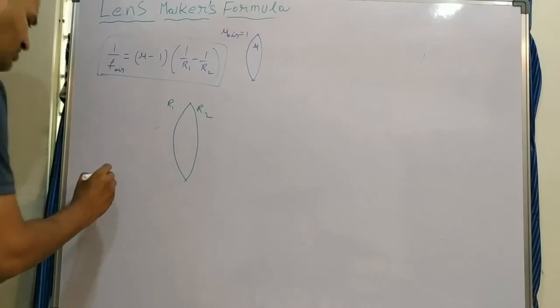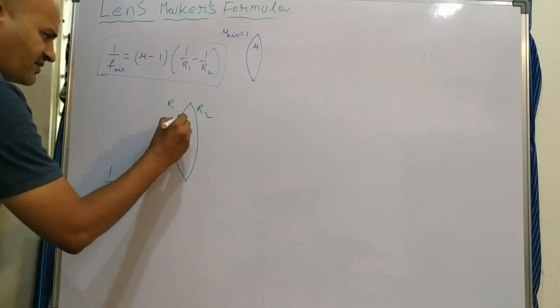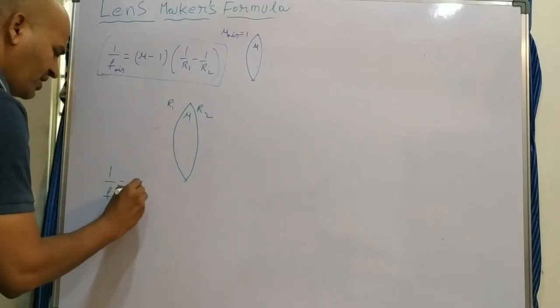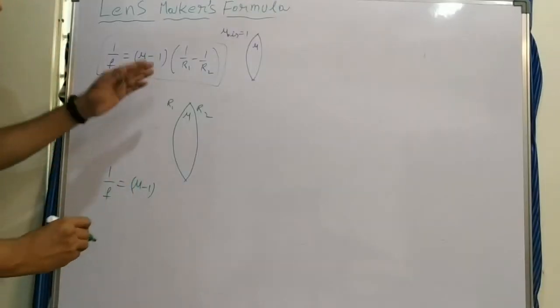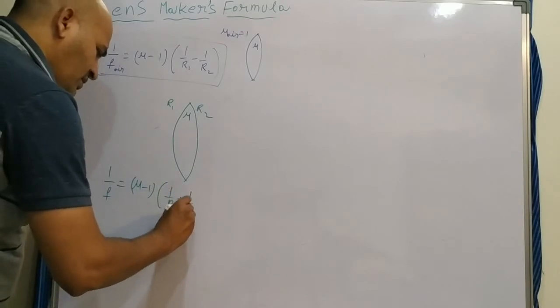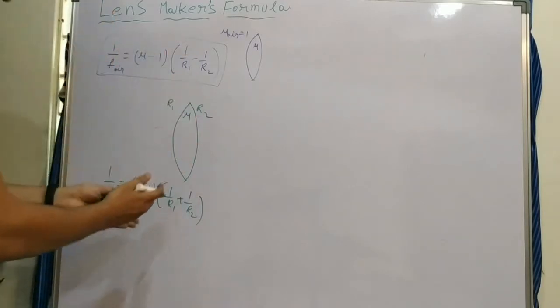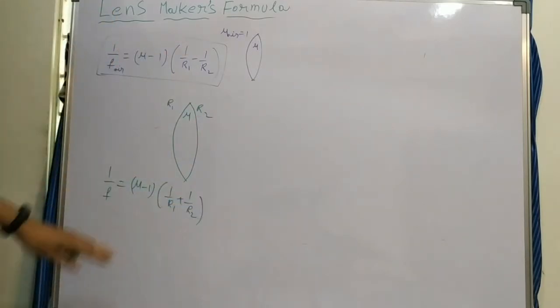Then 1 by f is equal to, with air outside and refractive index mu inside, mu minus 1 into 1 by r1 plus 1 by r2. Forget the signs here; take convex as plus.